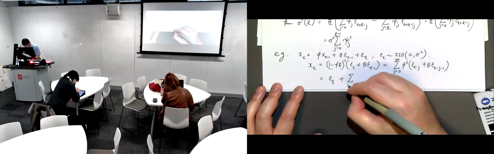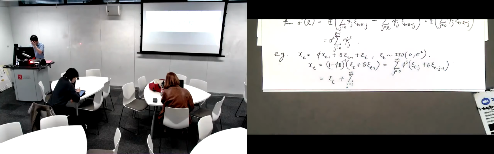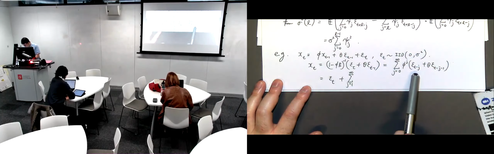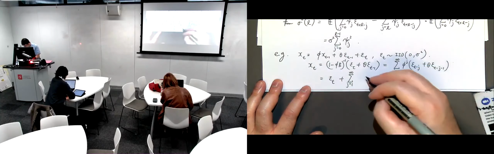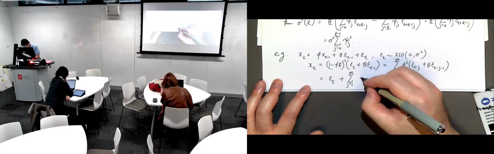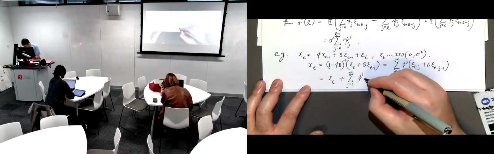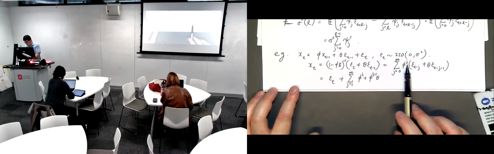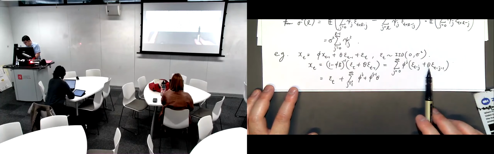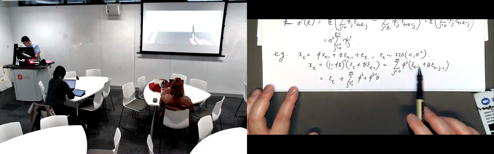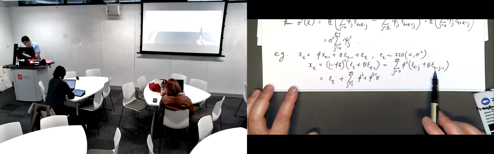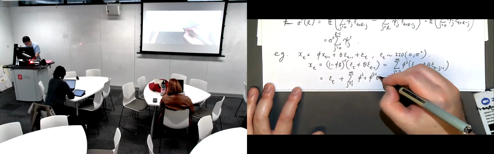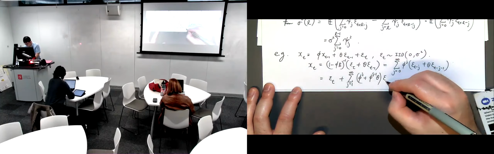So this should be j from 1 to infinity. If we fix it as epsilon_{t-j}, then this is phi to the j plus phi to the j minus 1 times theta, and when j is replaced by j minus 1, this becomes epsilon_{t-j}. So that's exactly the case.